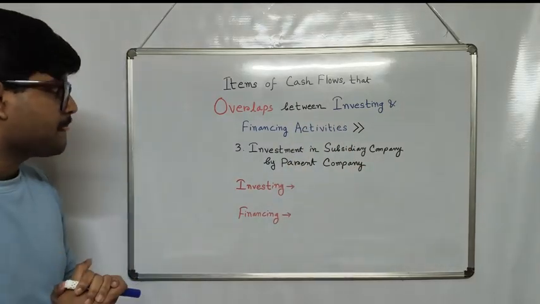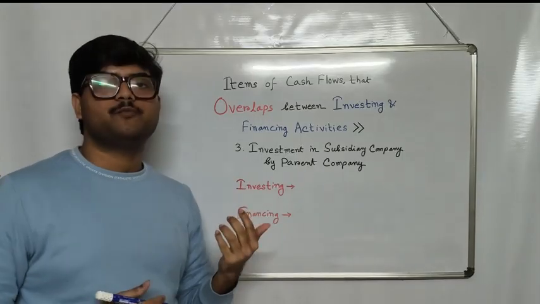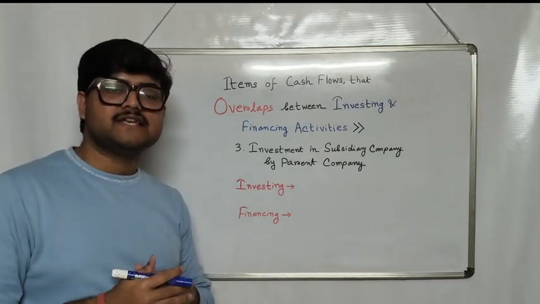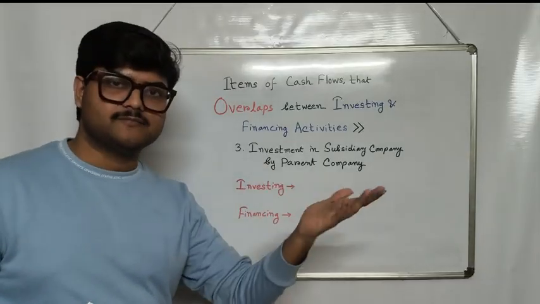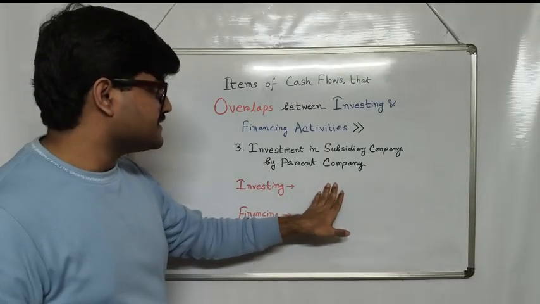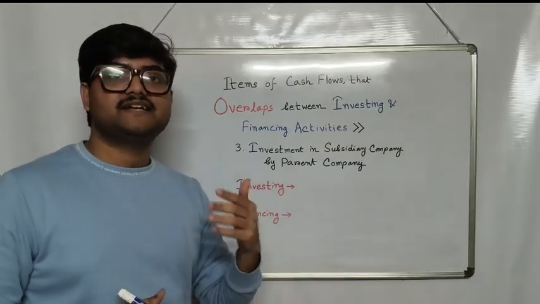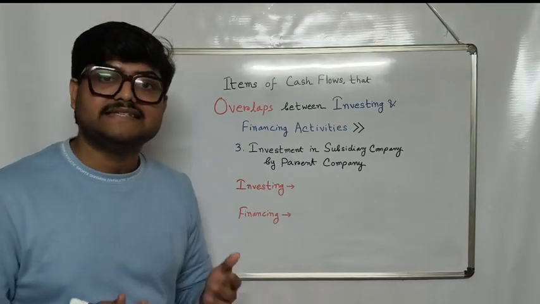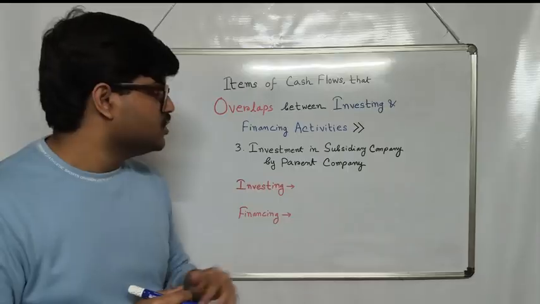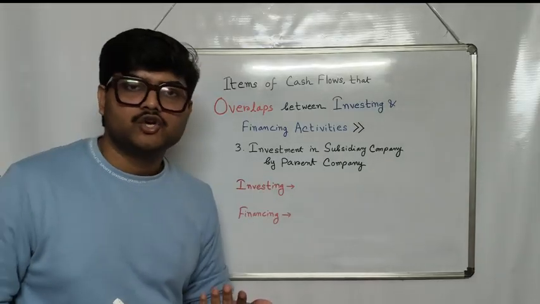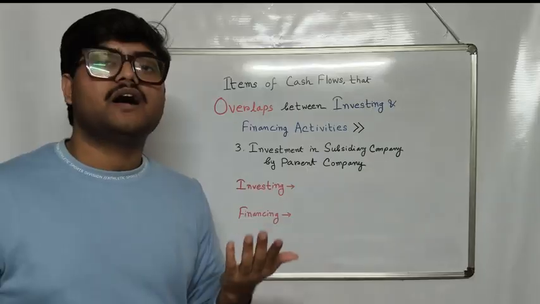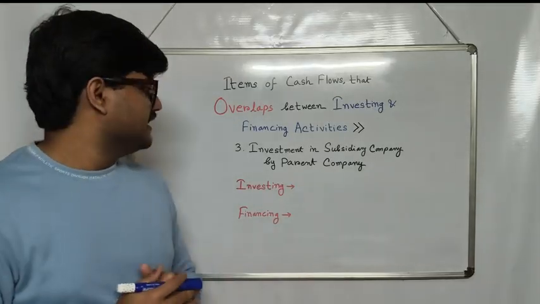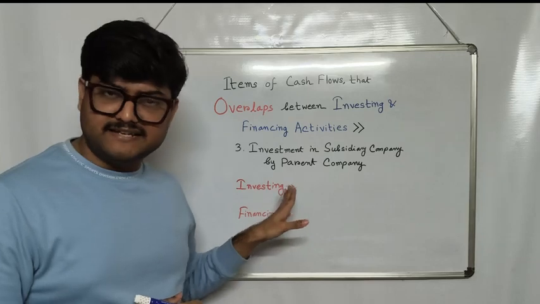When a business is providing loan to another business, these activities are done to generate income. These are not for raising capital for my own business. So when we are doing something to generate income or earning for our business, that will be considered as investing.